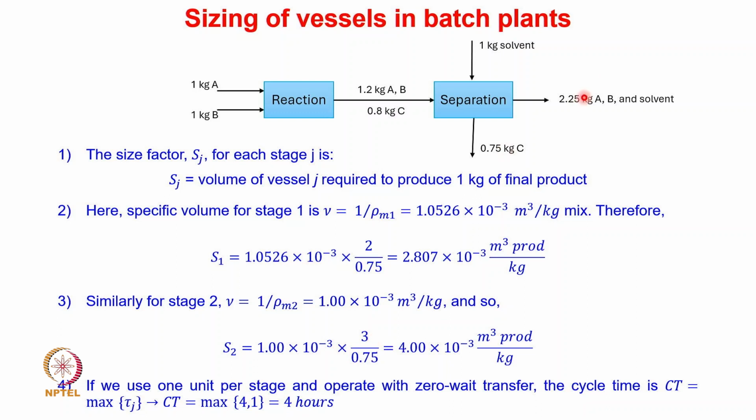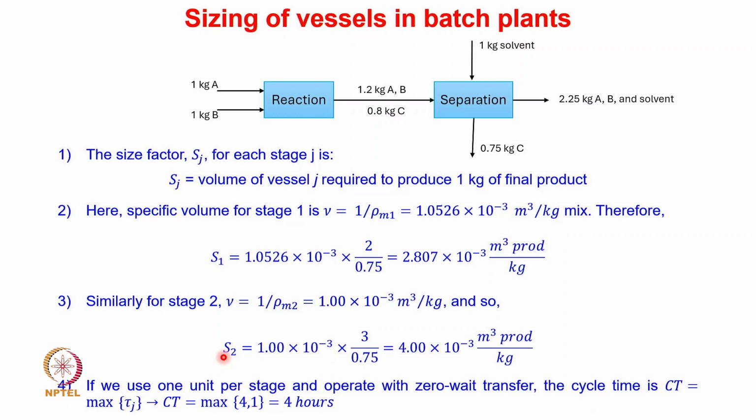The total weight in this stage is 3 kg, that is 2 plus 1, and out of this 3 kg the product is 0.75. So 3 divided by 0.75 times the specific volume gives S2. S2 comes out to be 4 × 10^-3 m³ per kg of production. Now we know S1 and S2.